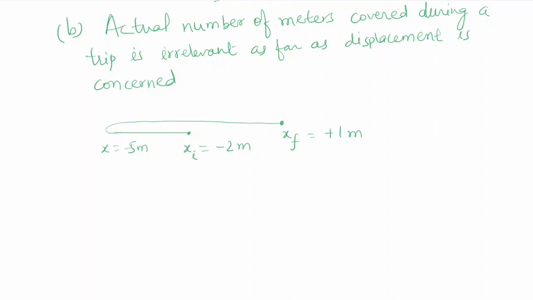So the displacement, as we have discussed previously, is only concerned with the final position and the initial position. So the displacement here is xf minus xi is equal to 1 meter minus minus 2 meter is equal to plus 3 meter.